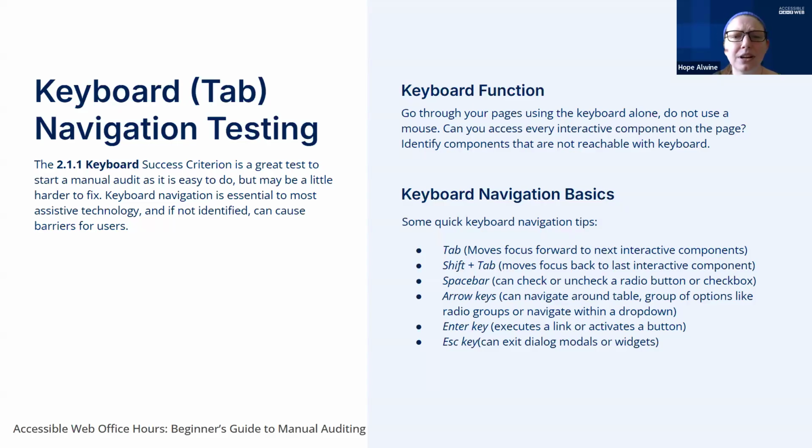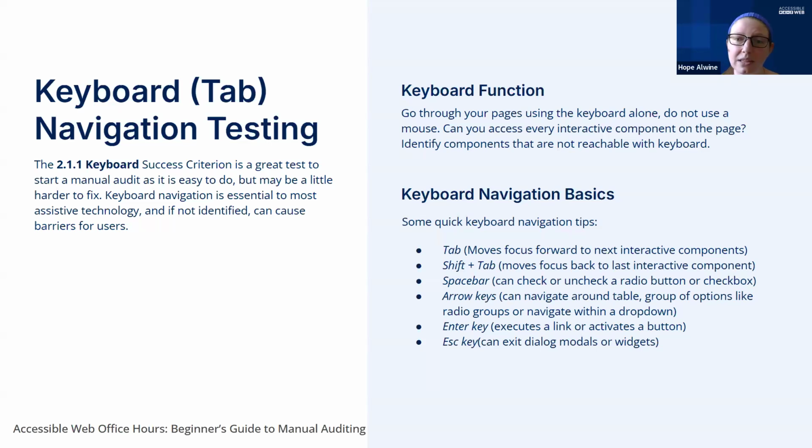To get started, I've included a couple of keyboard navigation basics, such as if you're moving your focus forward through a page, you're going to be using the tab button. And if you want to go back, you add shift and continue tabbing backwards. Another one is spacebar is typically used to either check or uncheck radio buttons or check boxes.